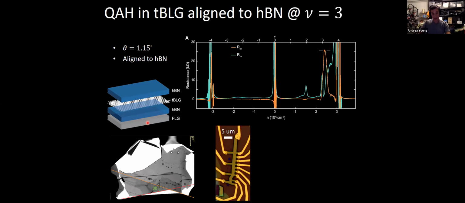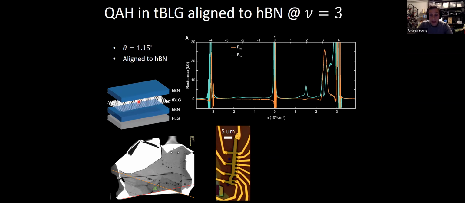This is standard technology for making clean graphene heterostructures.